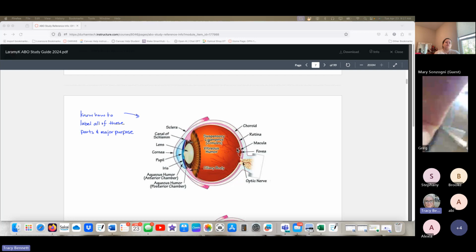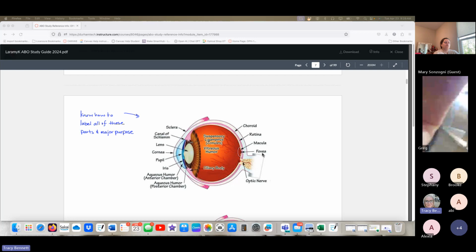And then we have the macula here at the very center area. This is the main point where, when light comes in, it focuses on this macula area. You probably have heard of macular degeneration. That means a loss of central vision because the macula is, for whatever reason, starting to separate or come away from or is damaged in some way. But the macula is the whole area there.